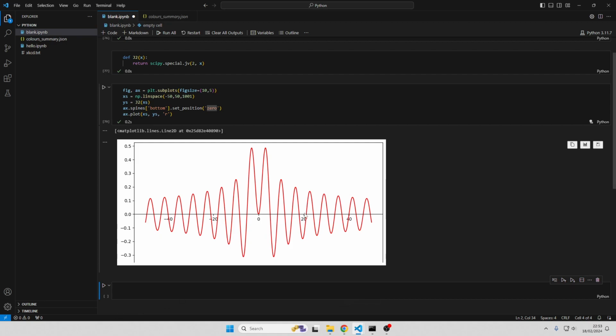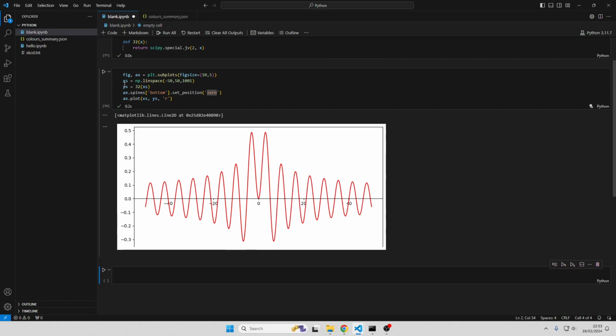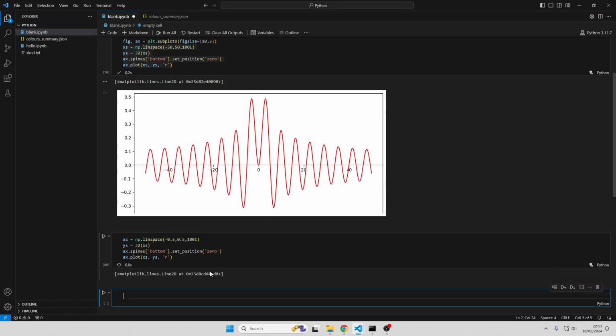Okay, so one thing we can do is investigate what it looks like in the case where x is small. So let's do a similar thing here, but instead of plotting from -50 to 50, let's just do it from a small interval near the middle.